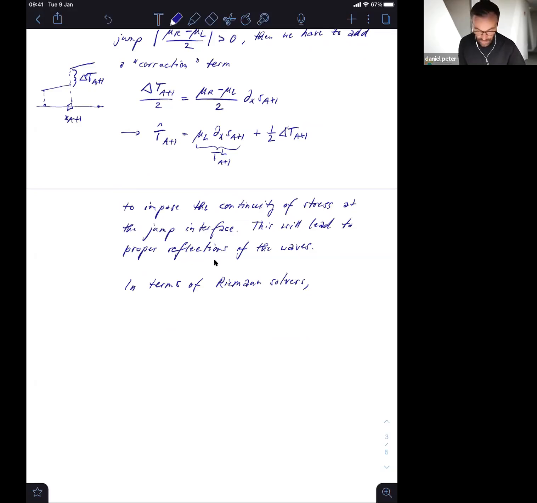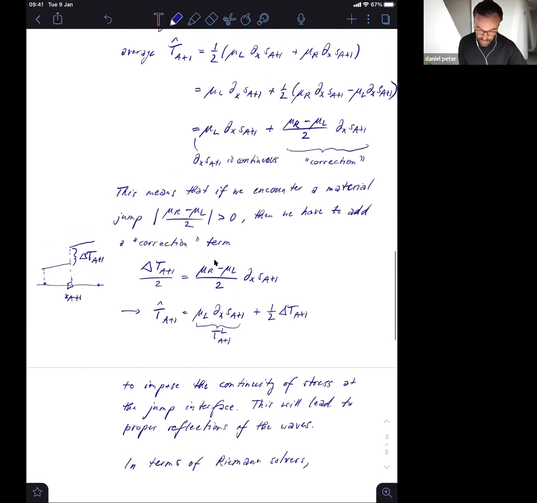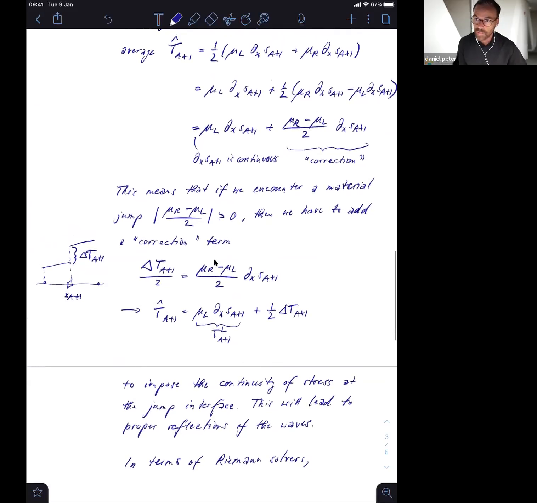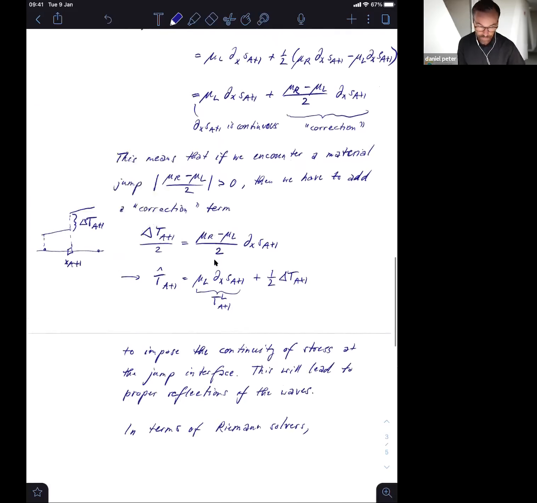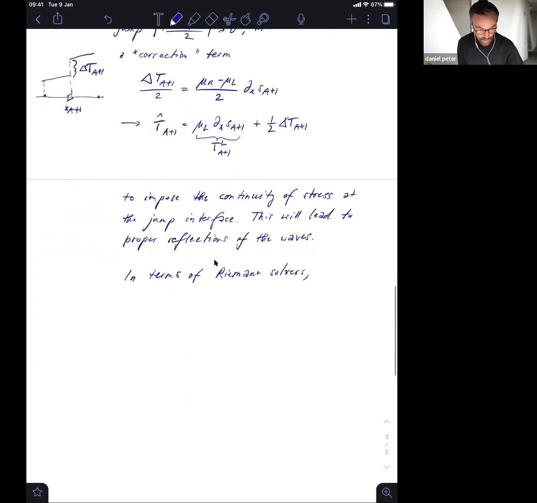And the approach here with taking this kind of average of the fluxes at the cell boundary will lead to something which is called the Lax-Friedrich approach for Riemann solvers. So this is related to a Lax-Friedrich approach solution.